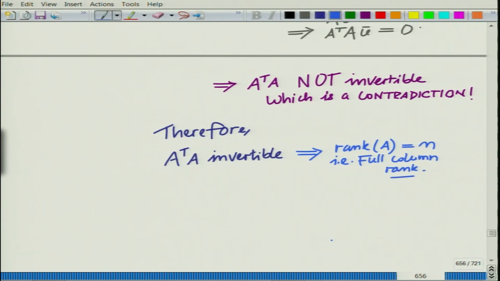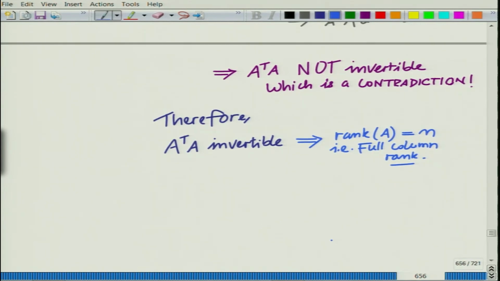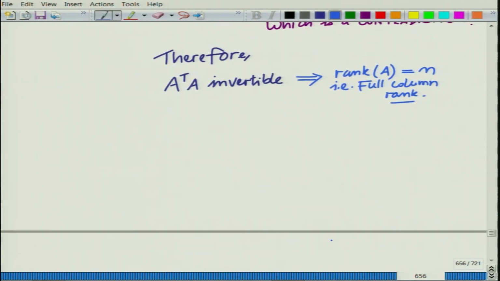Is full column rank. Okay. So, therefore, what we have is that A transpose A is invertible if and only if A has full column rank. So, this completes the proof, right.